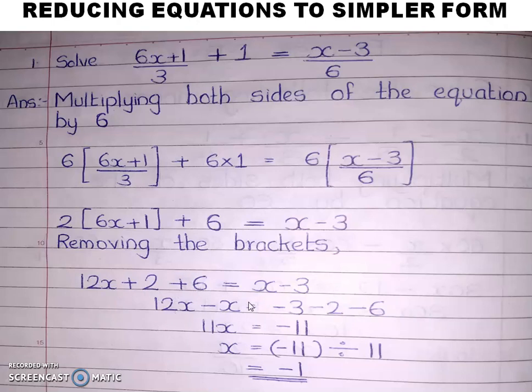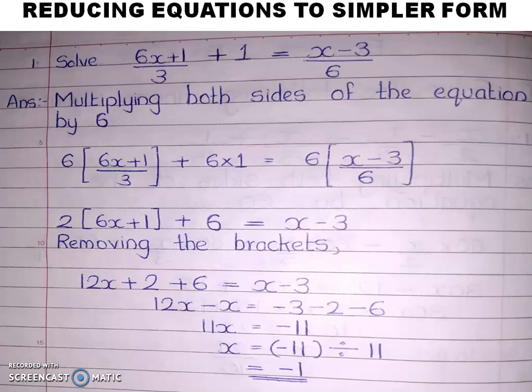So 12x minus x is equal to minus 3 minus 2 minus 6. Minus 3 is already here and plus 2 and plus 6 is changed to minus 2 and minus 6.